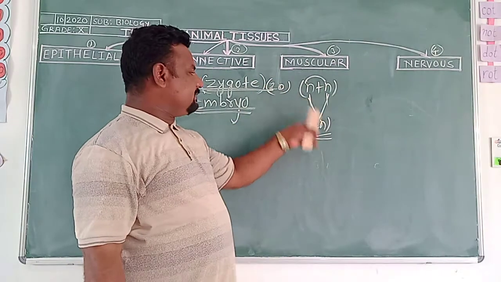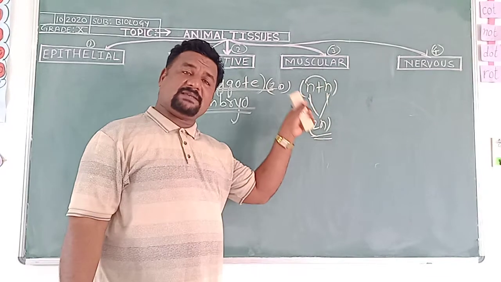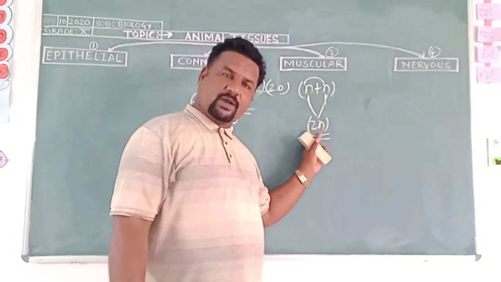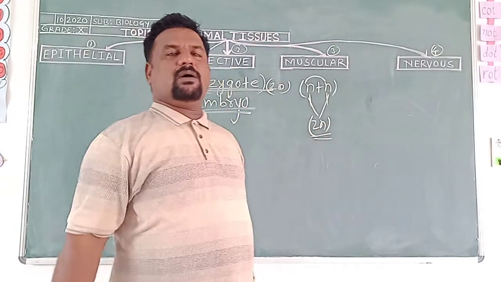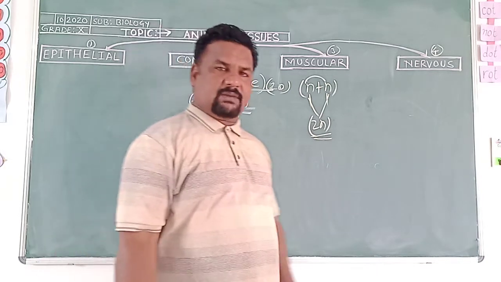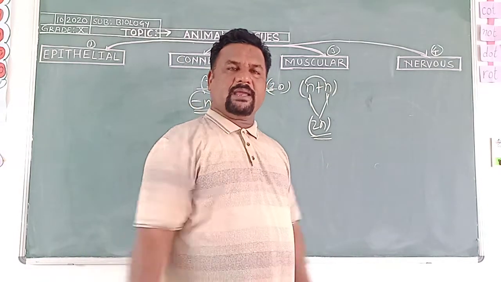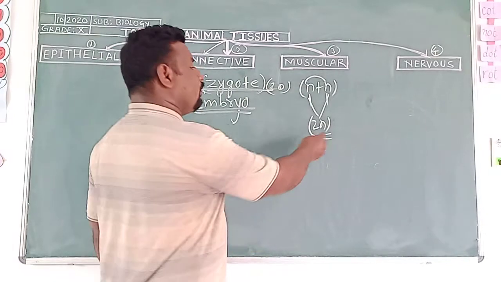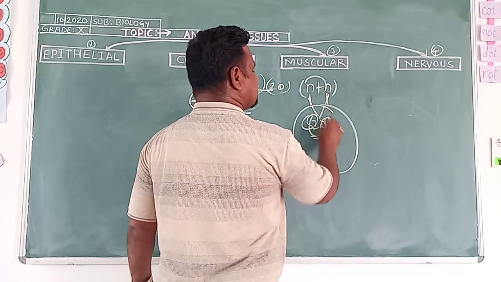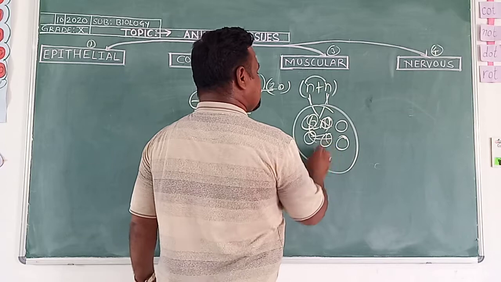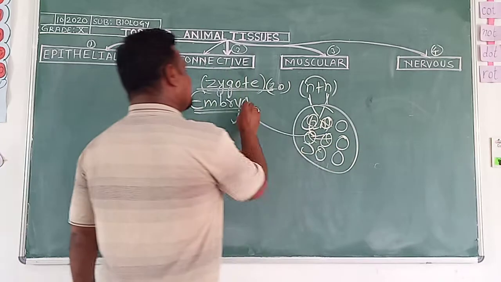The cells present in this diploid zygote undergo repeated mitotic division. Mitosis happens several times, and that zygote now becomes a bunch of cells. And this bunch of cells, we call it an embryo.